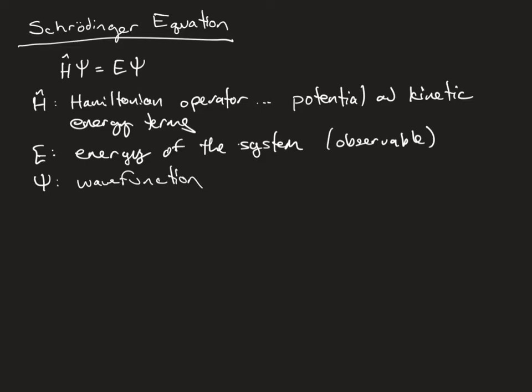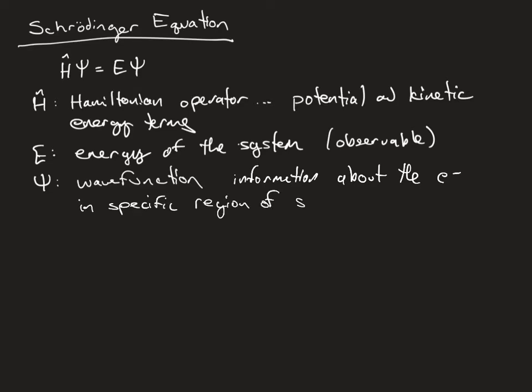For our purposes, the wave function gives us information about the electrons in a specific region of space, with different values of psi yielding orbitals.